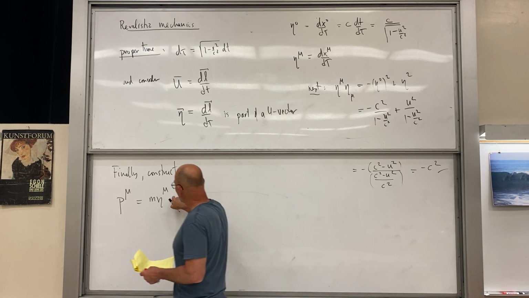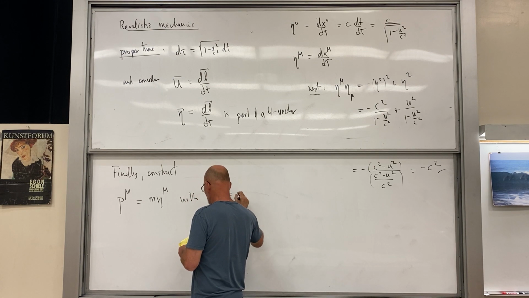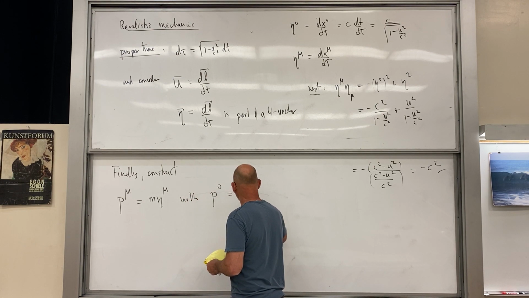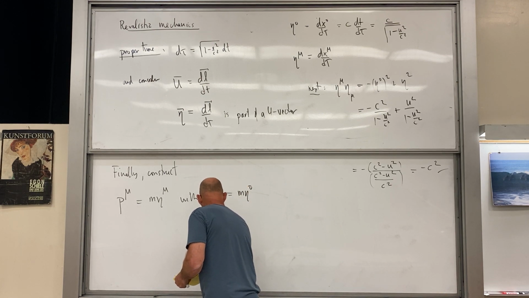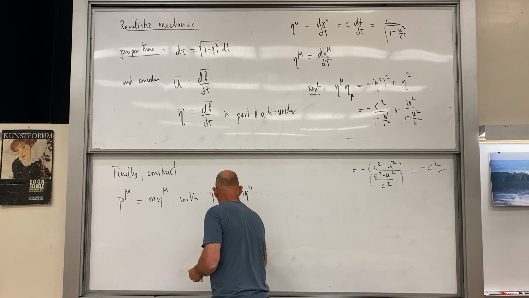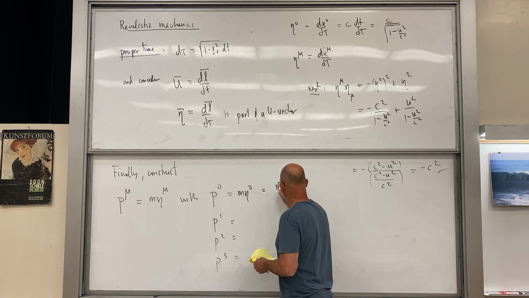And the components now with P0 and eta 0, P1, P2, P3. So here we have MC over root U squared over C squared.